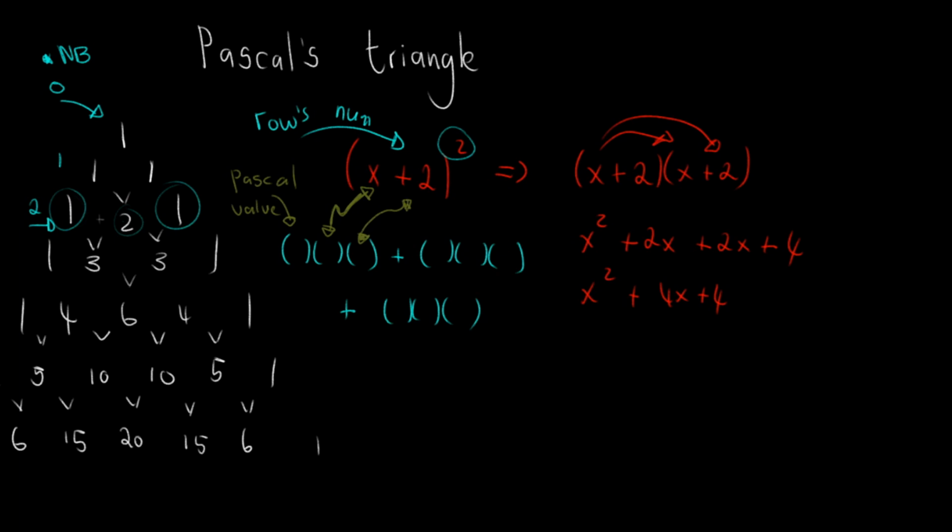Does that make sense? I hope so. So let's insert. Okay, so we said our Pascal values. We find 1, 2, and 1. Now I'm going to insert my x's. x, x, x. And I will finalize with my 2, 2, and 2.